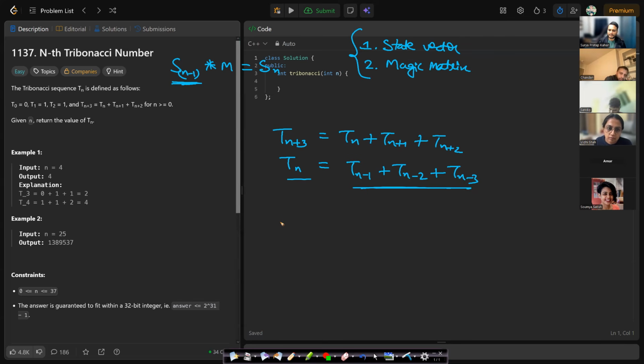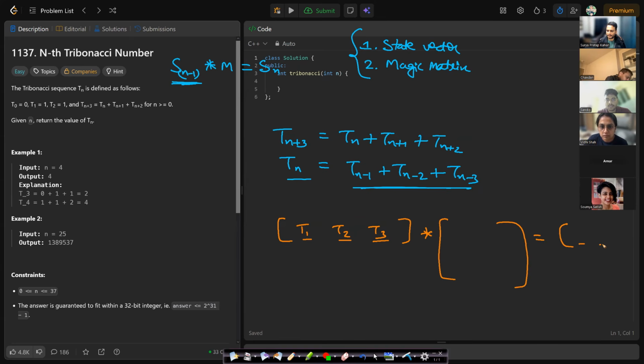So if you have to make a state vector, how many values will there be? 3 values. So if I write T1, T2, T3, and you multiply it with the magic matrix, which should be of a certain dimension, which I'll tell you, you should get one transition, T2, T3, T4.